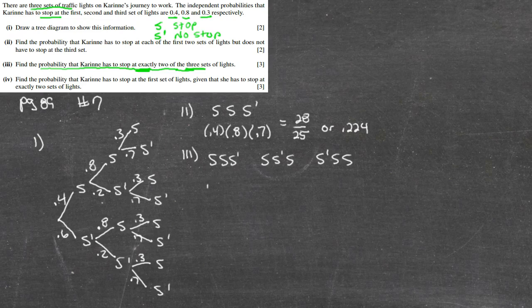Well, we already know the probability for the first one. It's 0.224. And now we look, okay, so stopping and then not stopping and then stopping again. So it's 0.4 times 0.2 times 0.3. Now, the last one is not stopping, but then stopping twice. So that's going to be 0.6, 0.8, and 0.3.